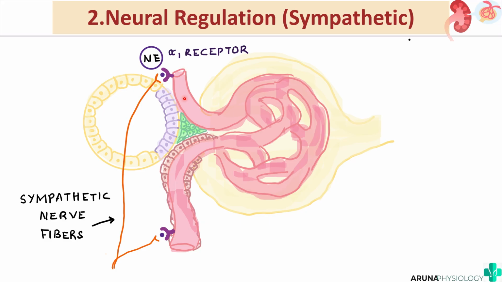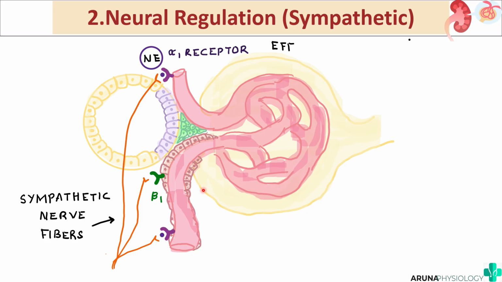What will happen if there is efferent arteriolar constriction? There is going to be increased GFR, right? But if the concentration is more, then it will cause constriction of both afferent as well as efferent arterioles. In that case, there is going to be decreased renal blood flow and decreased GFR. Not only the afferent and the efferent arterioles, the juxtaglomerular cells also have receptors for norepinephrine, which are beta 1 receptors, which will stimulate renin release.